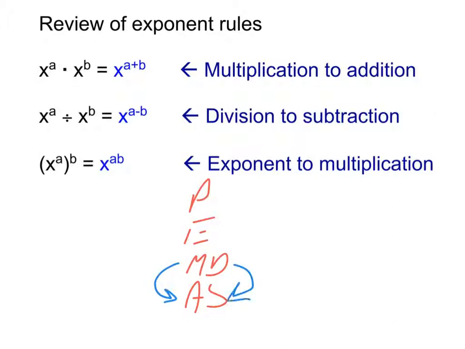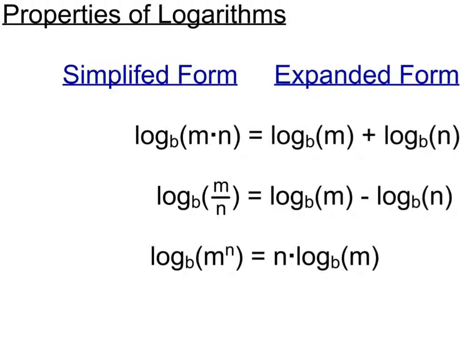Division leads to subtraction. Exponents lead to multiplication. Notice we're basically just going down one rung of the ladder of the order of operations. This is a nice way to remember that. But these same rules that you know there can apply to logarithms as well. So this is our new learning for today. Please add this to your notes, and then we're going to see how we can actually use and apply it.